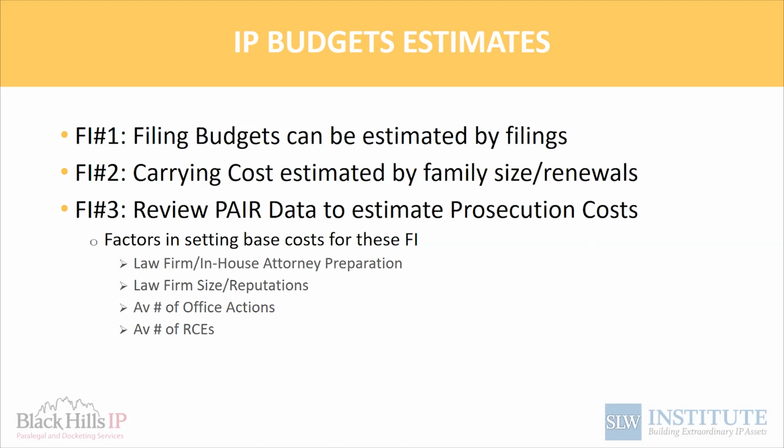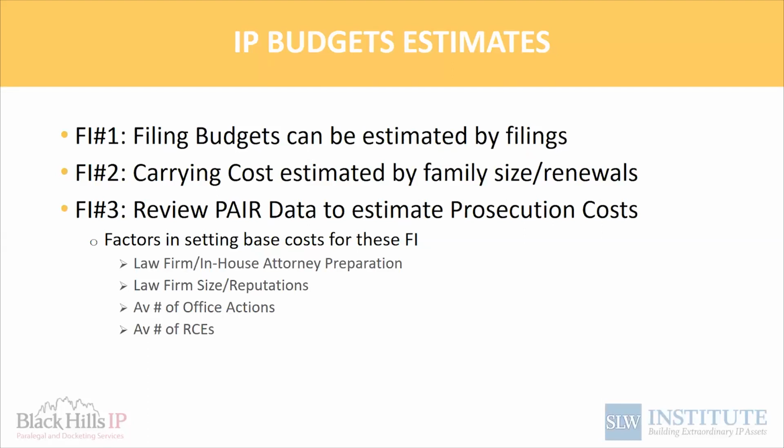We look at year-on-year filings, which is readily available. We can estimate based upon the size of the law firm that they're using, or whether they're using in-house counsel to prepare. We look at the reputation of the law firms, because some law firms charge more based upon reputation.